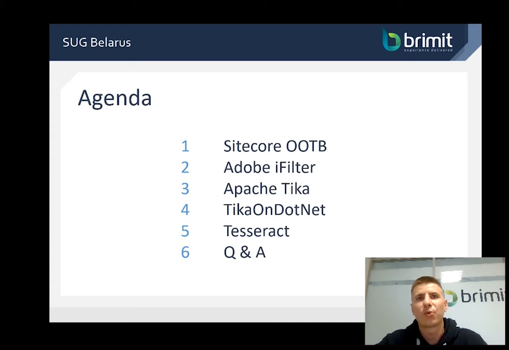Next, I will show you one good implementation for .NET and one very good module written by Michael Sarragot, a wrapper for Sitecore, a wrapper for Tika.NET. And in the end, I will show you my own module that also supports optical character recognition. Of course, I will be happy to answer questions at the end. Okay, let's begin.